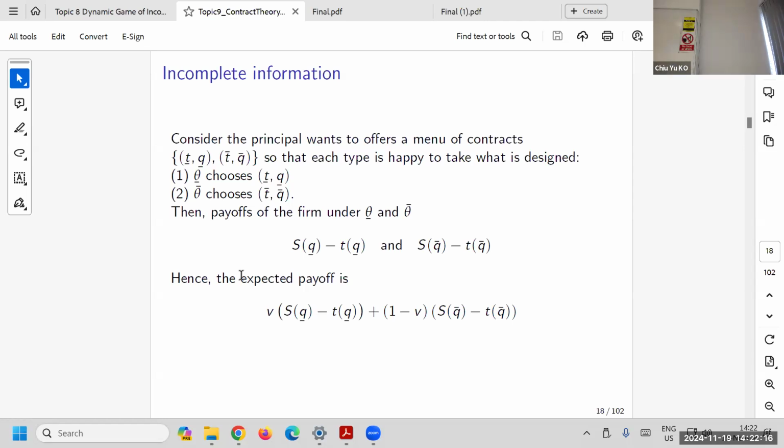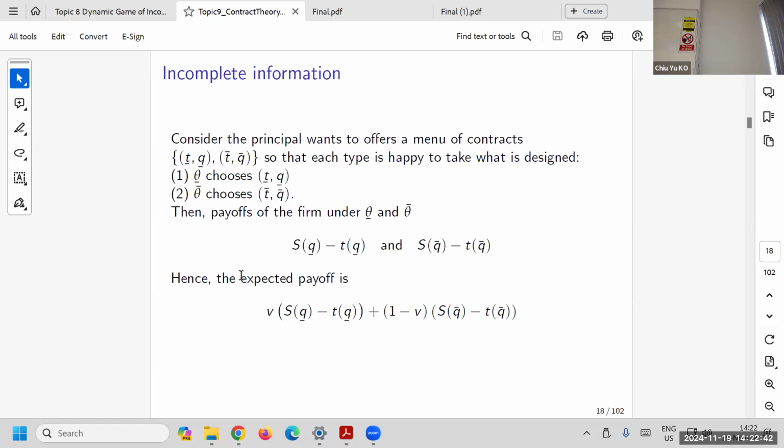And then for them to be chosen, we will call this the incentive compatibility constraint. So we have 2 contracts. We actually need to make sure that the contract designed for low type will be chosen by low type, and the contract designed for high type is chosen by high type. Okay, they do what we want, and they don't want to swap.